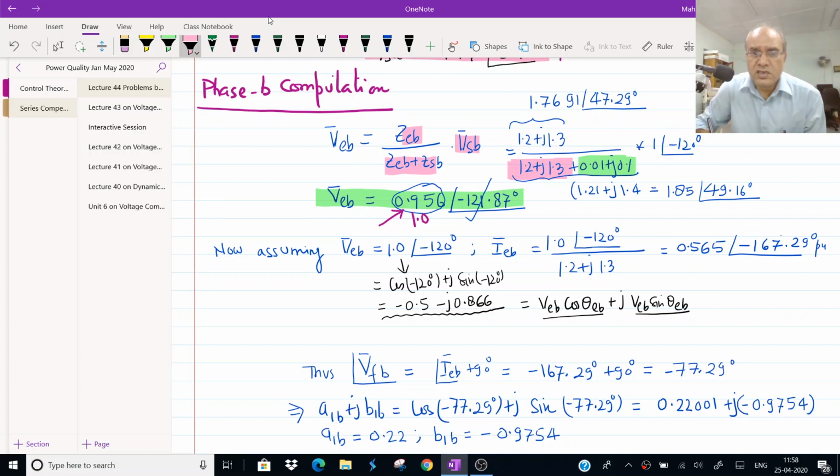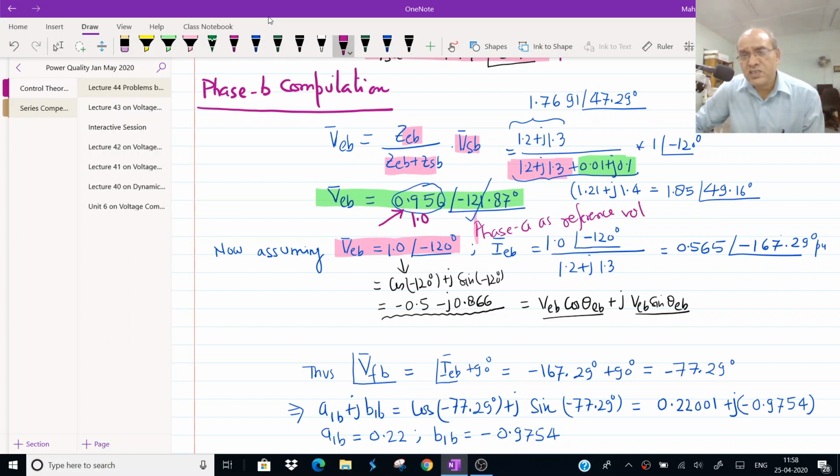So this is the required load voltage, 1.0 angle of minus 120 degrees. Remember here we are taking phase A as a reference voltage.